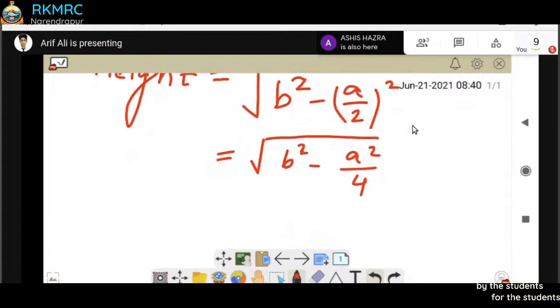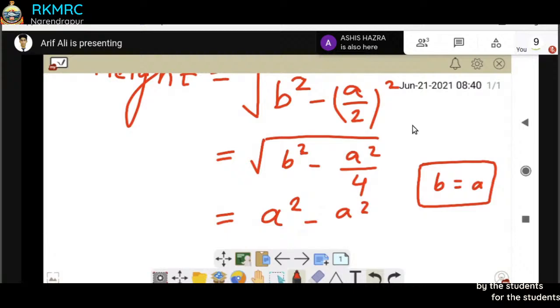Since we knew that the length of the sides of an equilateral triangle is the same, let us write this. So b will be equal to a for equilateral triangle, not for isosceles.